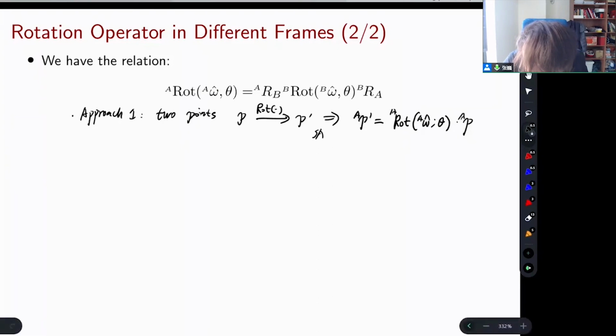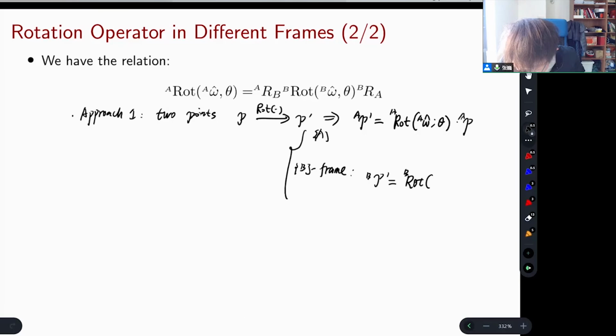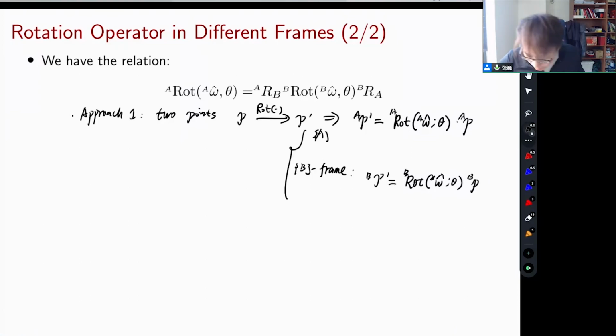That's the A frame. And now I can also choose the B frame. In the B frame, P prime B equals rot of omega hat B, theta, times P of B.